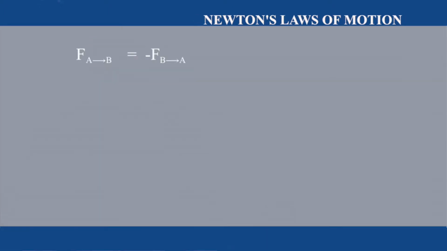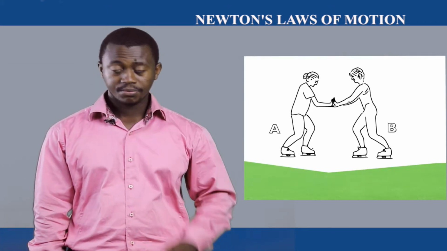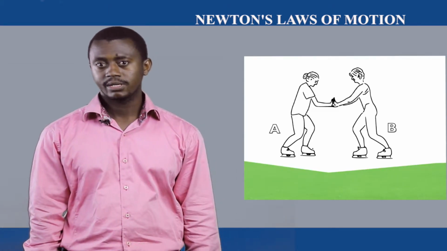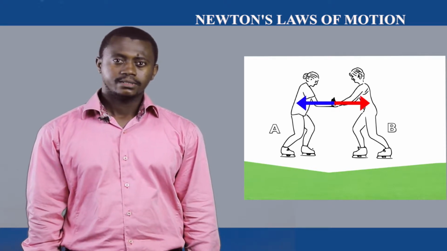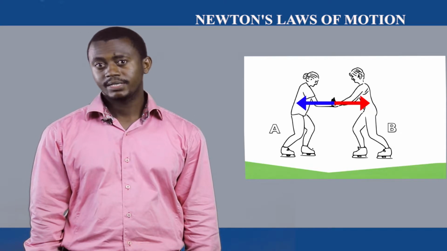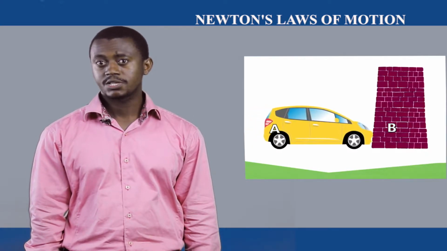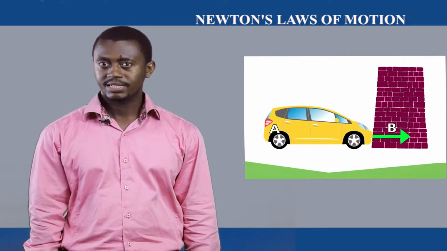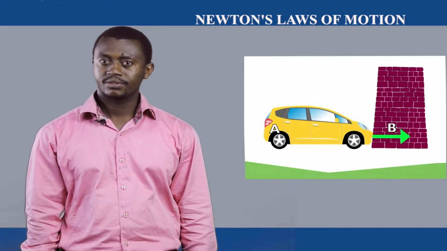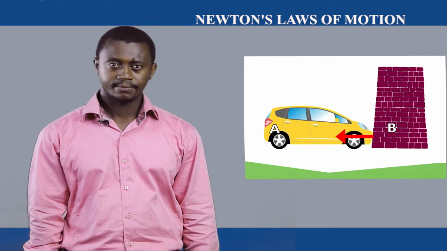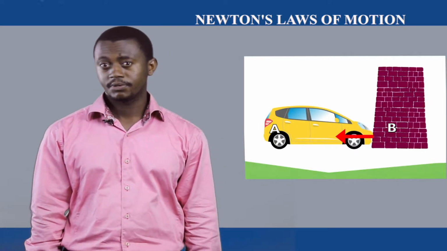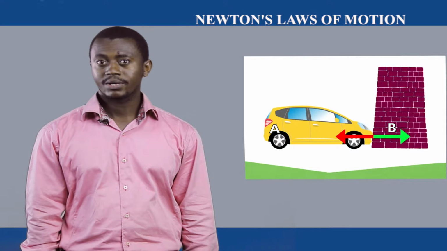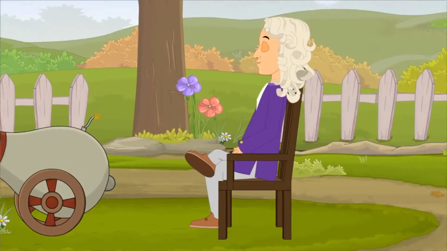That means that if object A exerts a force on object B, object B must exert an equal and opposite force back on A. Note that the force on A and on B are equal, but this does not mean that their effects are the same, and therefore they cannot cancel each other. Keep in your mind that the third law involves two separate bodies, and the forces occur in pairs only.